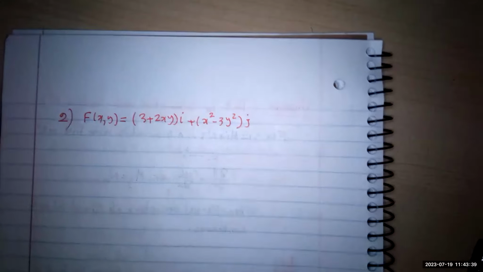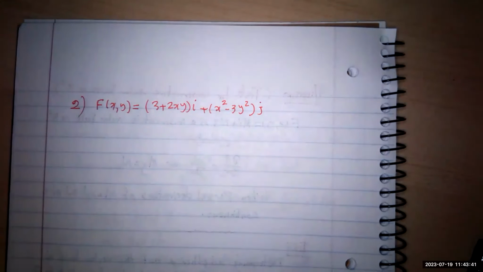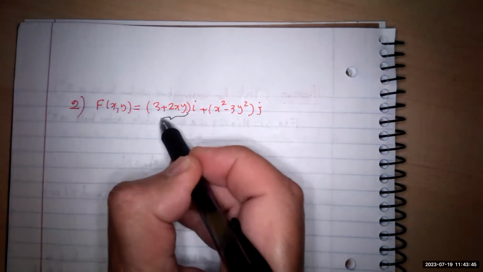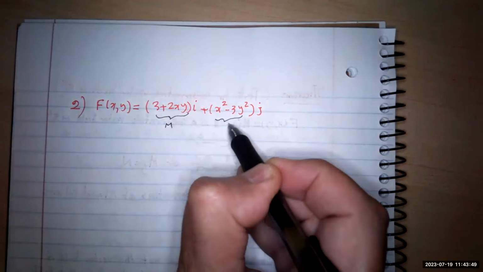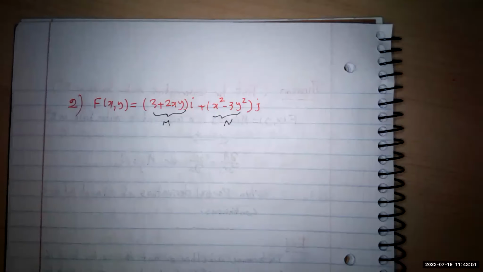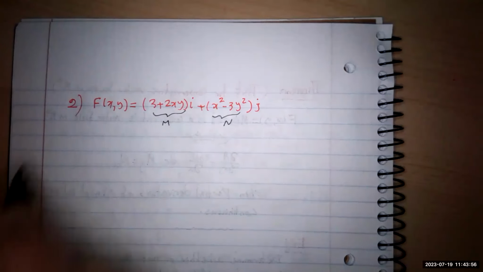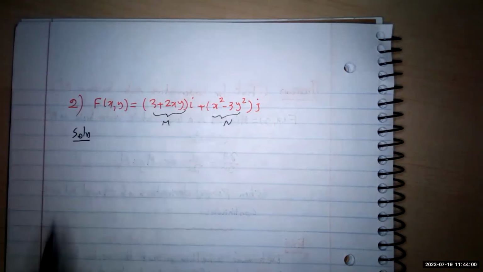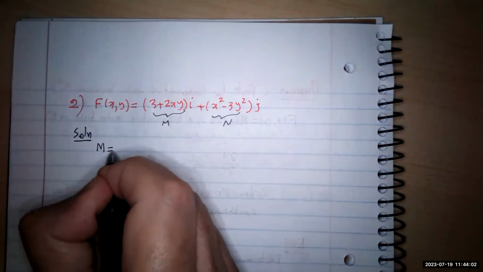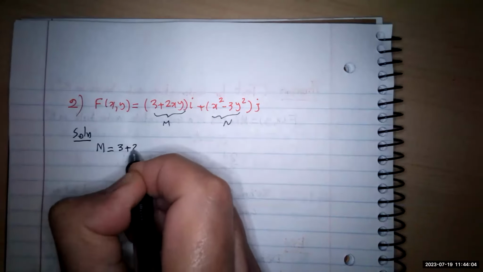This is your function. Again, this is your M. This is your N. Bring them down and check it. Okay, so our solution is going to be M is 3 plus 2xy.